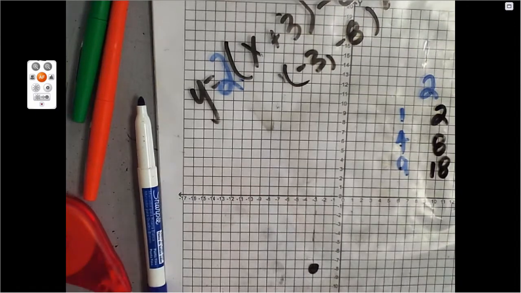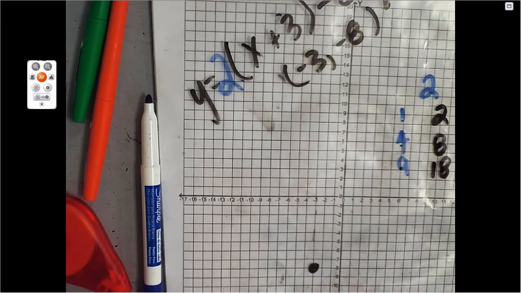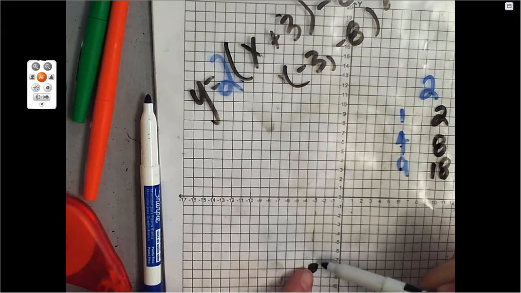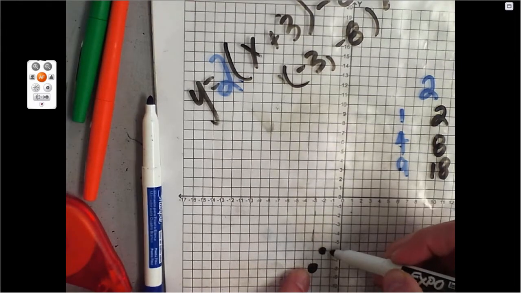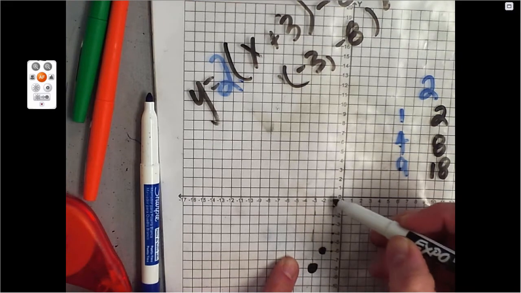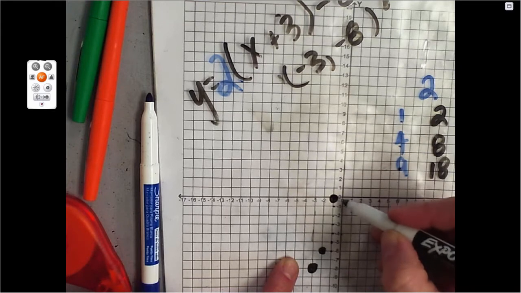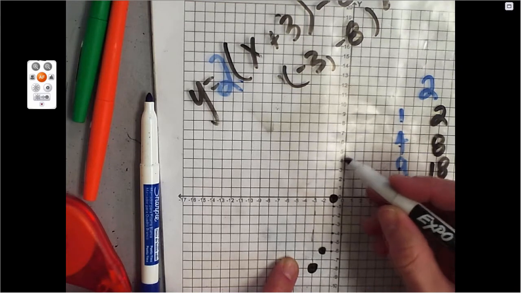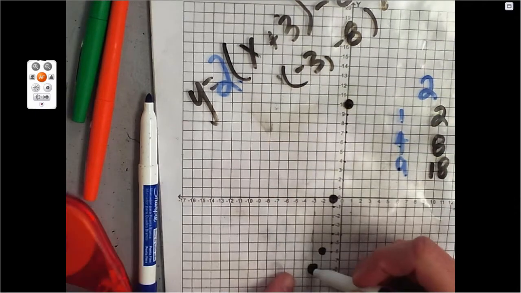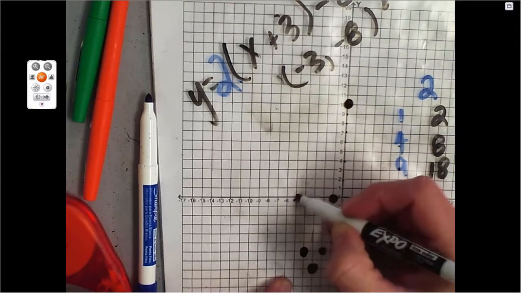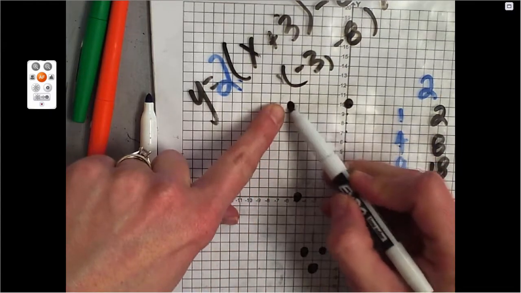So when you graph it, you do this on your board. Count the step pattern. Instead of 1, 4, 9, it's 2, 8, 18.